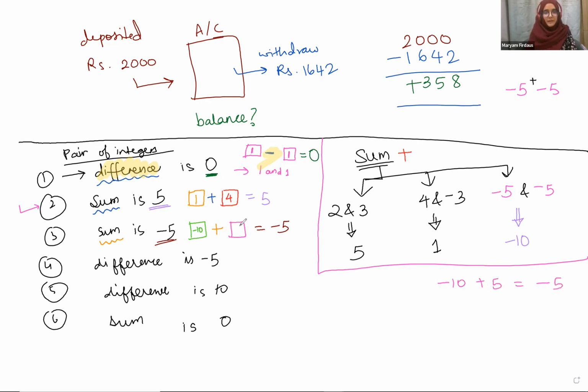Now, Hiba, if I ask you to put any two integers over here and both of them should be negative, sum of two negative integers is minus 5. Now type. Both of them should be negative. Can I ask you how minus 10 plus 5 is minus 5? You yourself gave the answer. I just said it. Okay, you just said it.